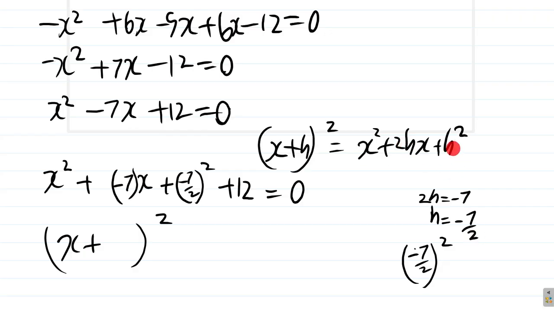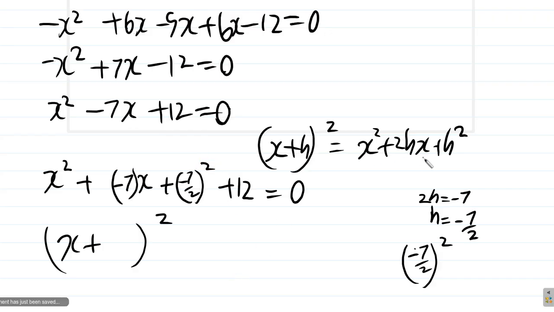That's 2h, and then when we come to the h part, h is -7 over 2. So the h squared is -7 over 2 squared. We maintain the fraction, and we don't square it out as usual and lose the negative sign. We want to see the h exactly as it is, so we write -7 over 2 squared.